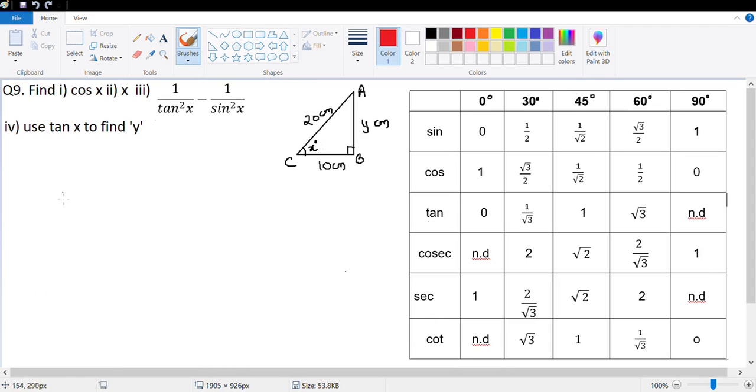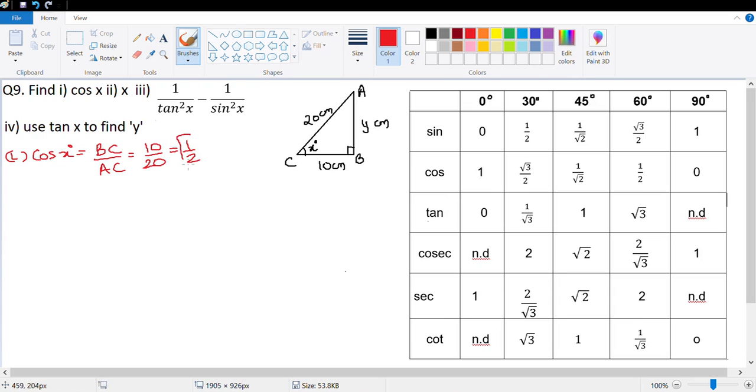I hope you remember cos is base upon hypotenuse. So let's see, cos x degree would be equal to base, in this case BC, upon hypotenuse, in this case AC. BC is given as 10, AC is given as 20, so cos x is equal to half.